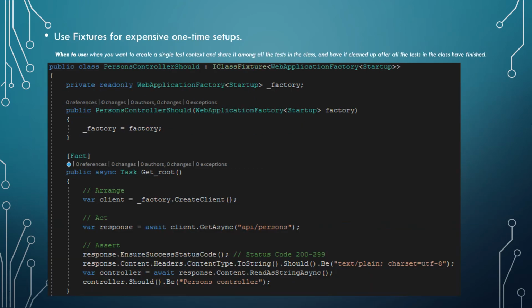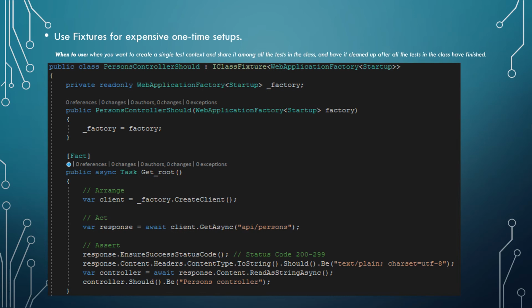Use fixtures for expensive one-time setup. In .NET Core, when you write web services using Kestrel, .NET Core gives you an MVC testing library that has this web application factory they have written for you, where you just provide your startup class. They will take care of hosting the web service in process memory so that you can actually make HTTP calls to the APIs and confirm that your routing is working correctly.